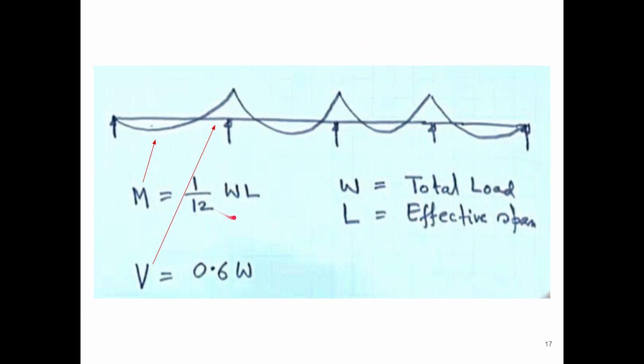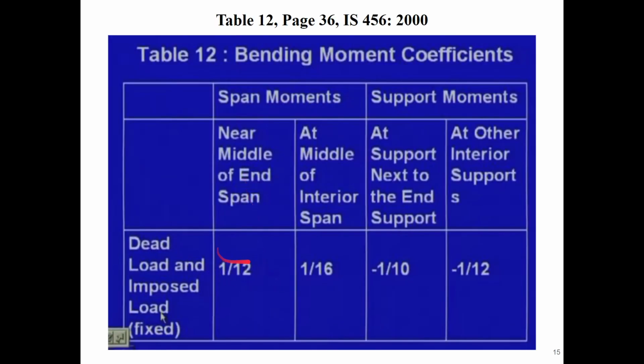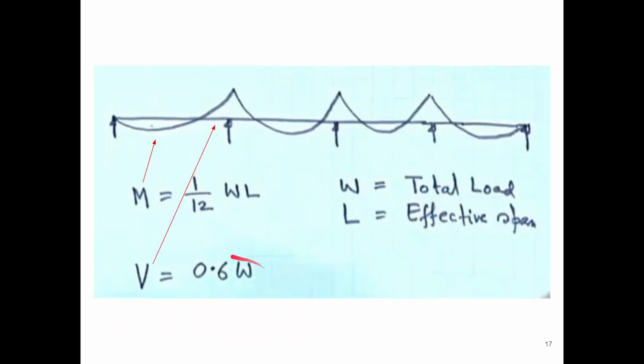As we just discussed in the tables, the M value at the middle will be 1 by 12 WL, where W is the total load and L is the effective span. Near the middle of the end span the coefficient is 1 by 12. So we just multiply the load and the span with the coefficient to get the moment.